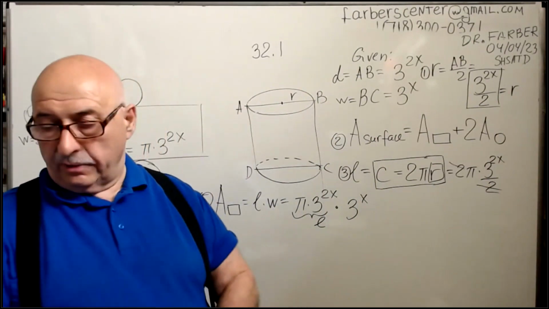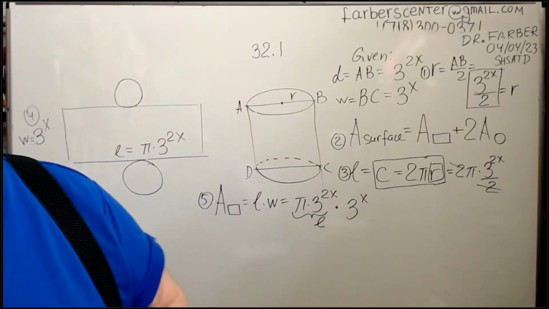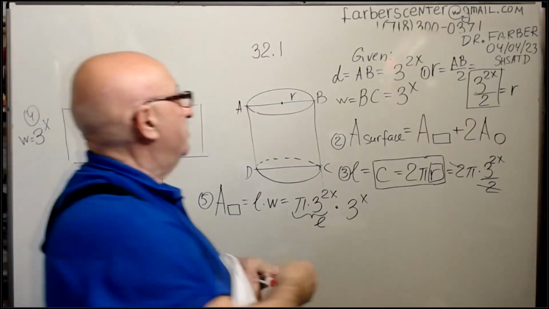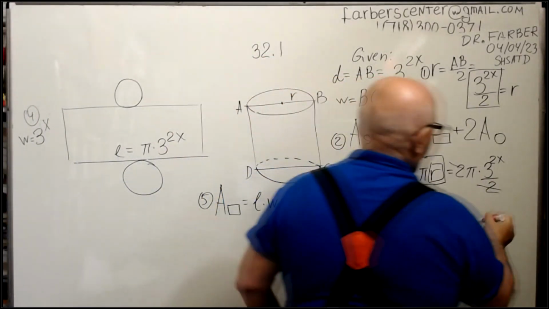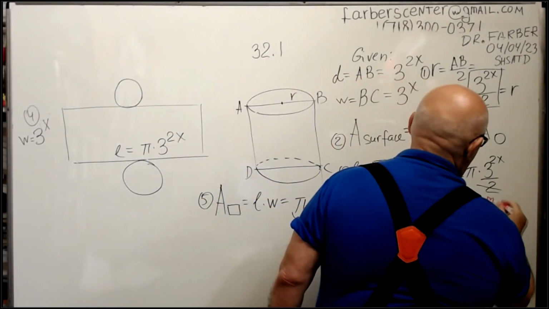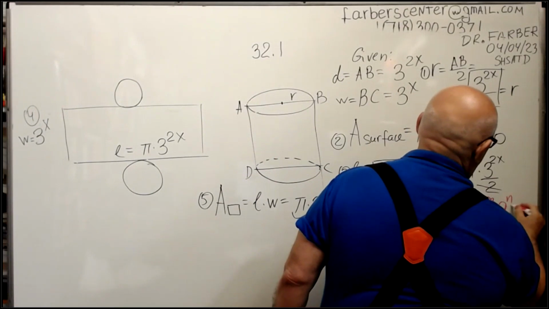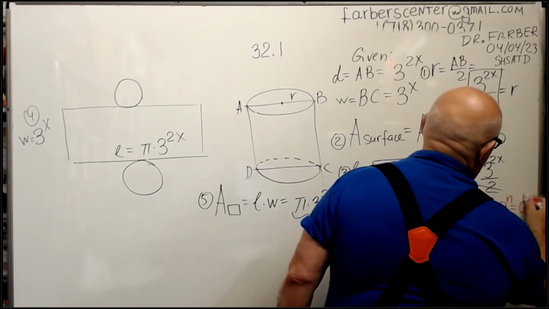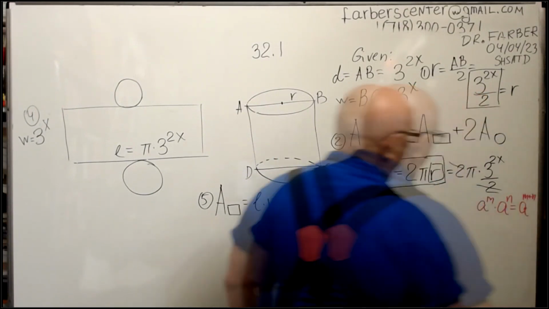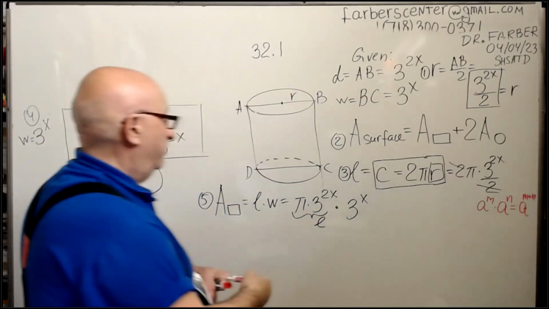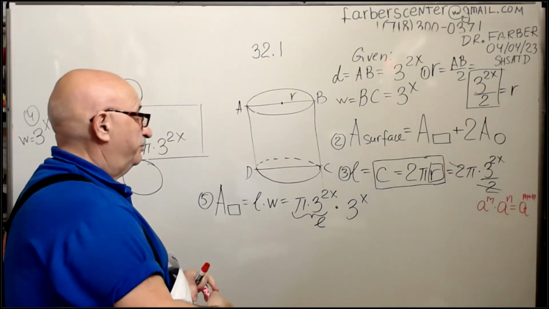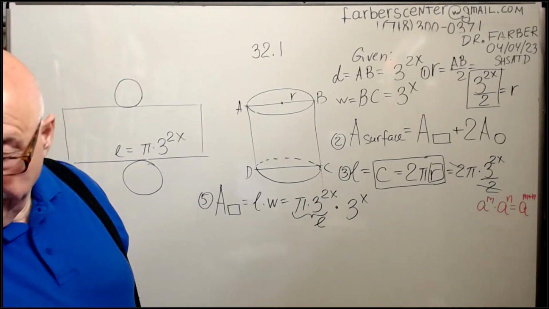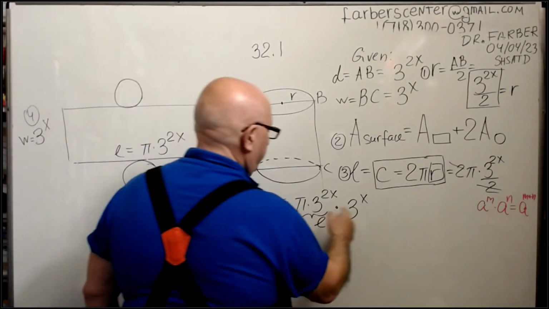I take a red color and remind you of the formula we studied: a to the power m times a to the power n equals a to the power m plus n. Remember our basics of algebra we covered. Look at this. We have two terms with the same base.